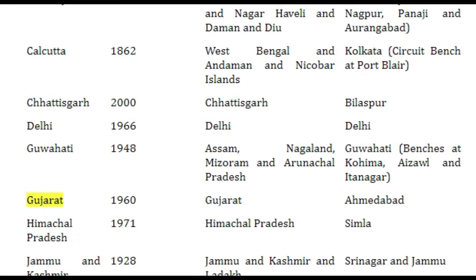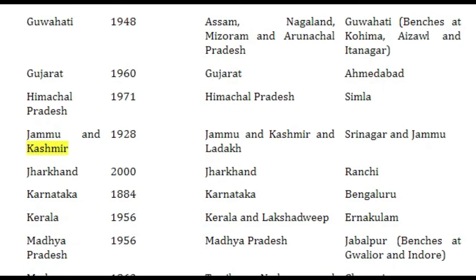Gujarat, 1960, Gujarat, Ahmedabad. Himachal Pradesh, 1971, Himachal Pradesh, Simla. Jammu and Kashmir, 1928, Jammu and Kashmir and Ladakh, Srinagar and Jammu. Jharkhand, 2000, Jharkhand, Ranchi.